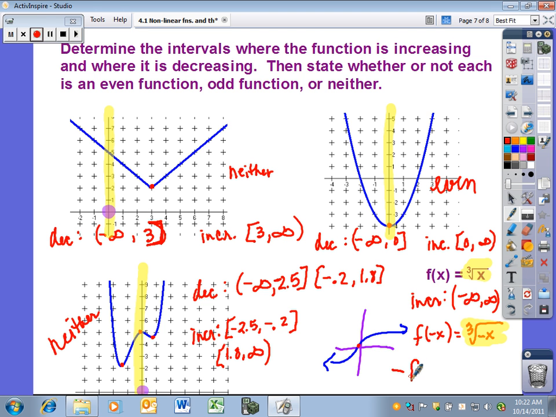So if I take the opposite of the function, it would be negative of the cube root of x. 3 negatives, does that make 1 come out? That would be yes. So are these two functions identical? Yes, they are. So this is an odd function.